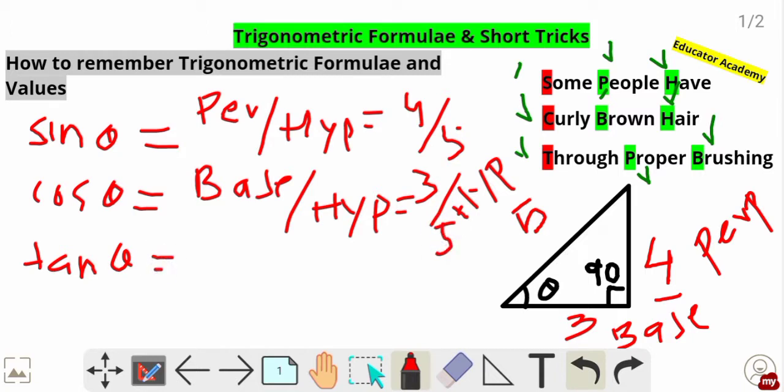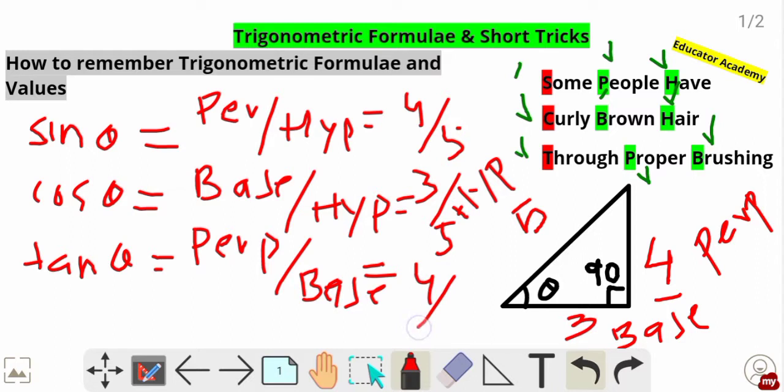Now we have to calculate the tan value, through proper bushing. So P is perpendicular while B is base. The perpendicular which is given is 4 and the base is 3. So 4 by 3 is our tan.